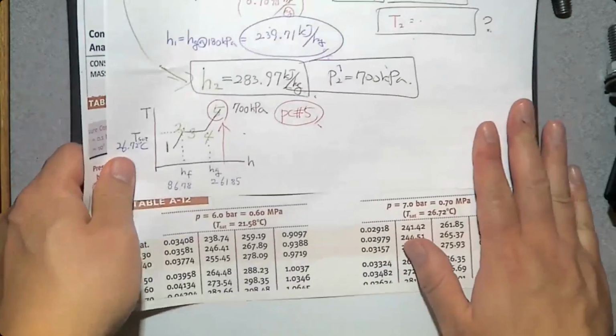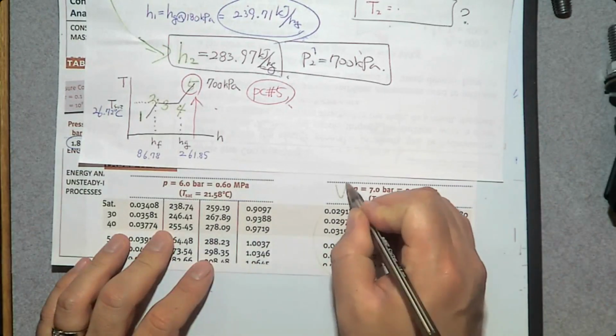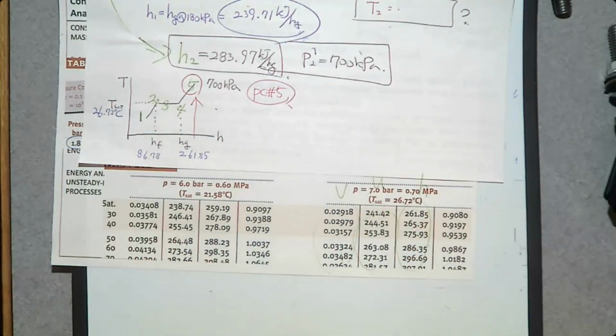Here is the superheated vapor table. 700 kilopascal. What is H? 283. This is V, this is U, this is H. So H is 283, greater than this one, less than this one, between these two numbers.